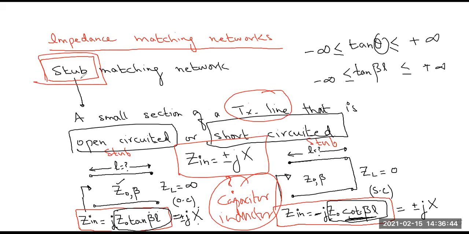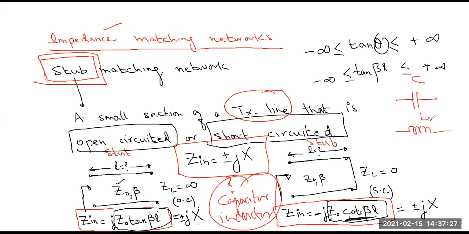When I use a stub as an impedance matching circuit, what type of role will the stub play? It can act as a capacitor or as an inductor. So now you have another important concept of microwave engineering: in addition to ordinary capacitors and inductors that you are used to, even from your basic circuit theory courses, whenever you want to represent a capacitor, you represent it like this, and then you have an inductor like this.